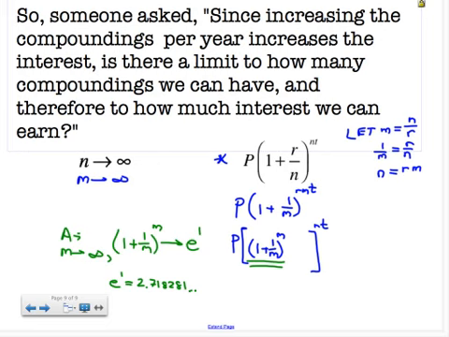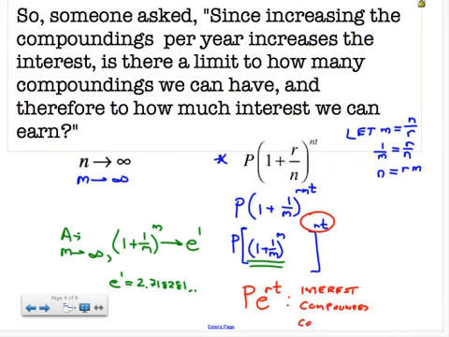Okay, so if we go back to this formula here, we can replace that inside expression with the number E, and then leave the RT that was up here as the exponent on that base. And so this now is the formula for interest that's compounded every instant. We say that that's interest compounded continuously.